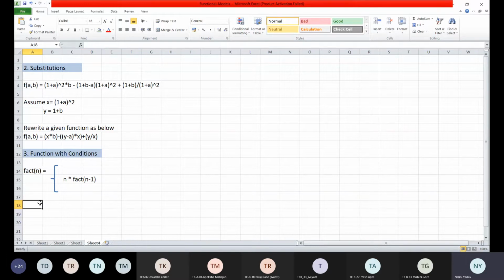See, take a simple example. I will show you. See, fact of 5. How is fact of 5 calculated? 5 into 4 into 3 into 2 into 1. At 1 we will be stopping over here. So how will this be given in the recursive form?